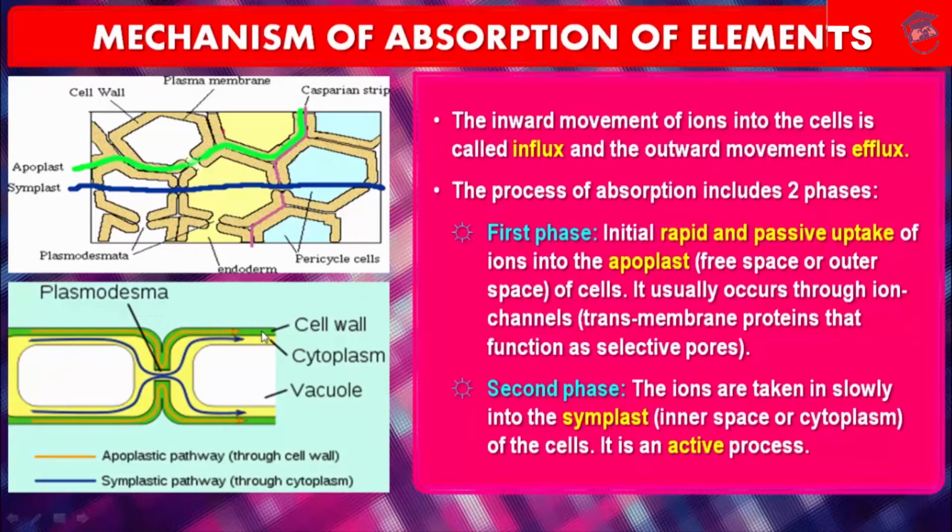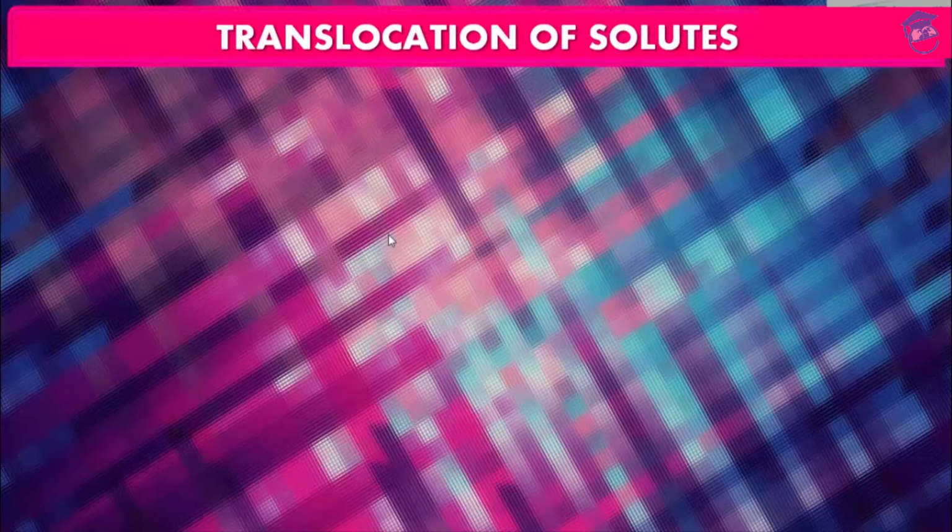See, this is the cell wall. The green one is your cell wall, and this yellow one is the apoplastic pathway that goes through the cell wall. And this blue one is the symplastic pathway that goes through the cytoplasm. See, this is the cytoplasm. So these are the two pathways through which absorption takes place in two phases.